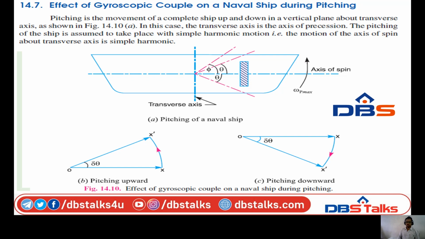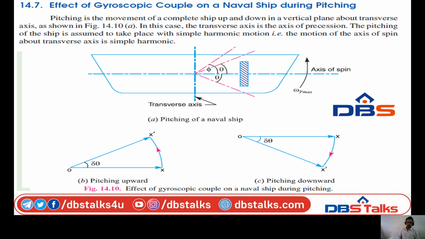So here in the diagram, the axis of the spin is moving up and down, with omega p max as the angular velocity of precession, in the direction of the transverse axis.